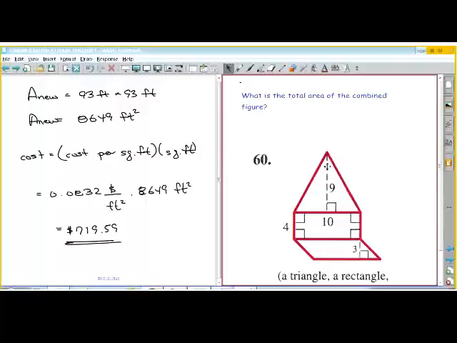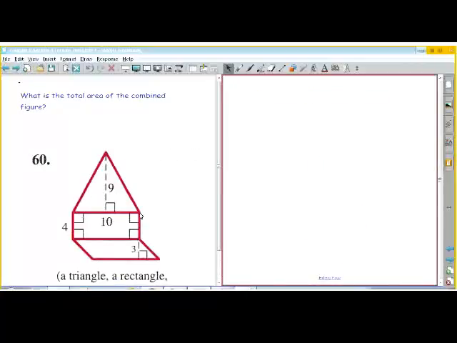So what we have is, in this case, pretty straightforward. We have a triangle, a rectangle, and a parallelogram. And the question is, what is the total area of the combined figure? So all we have to do is make sure we have all the dimensions of each part and then apply the appropriate equations.